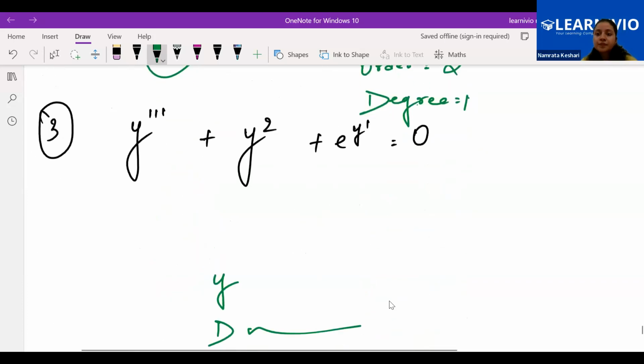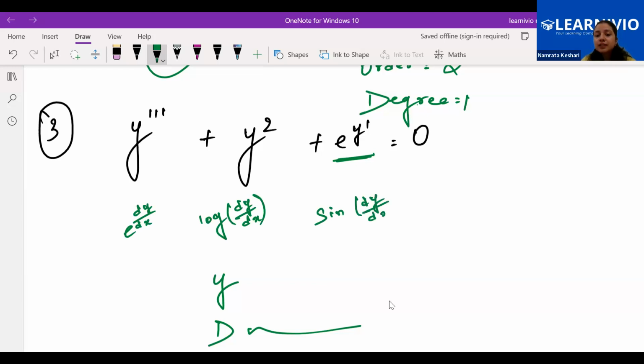Next one, order and degree of this differential equation. Order is 3. Degree is 1. Now I was telling you this type of scenario is not acceptable: e to the power dy dx, log of dy dx, or any trigonometric function like sine of dy dx.